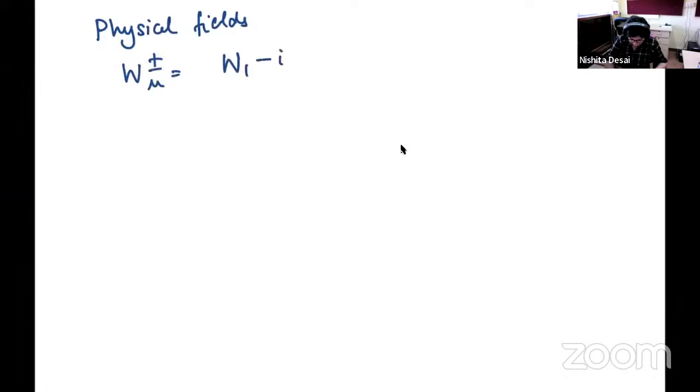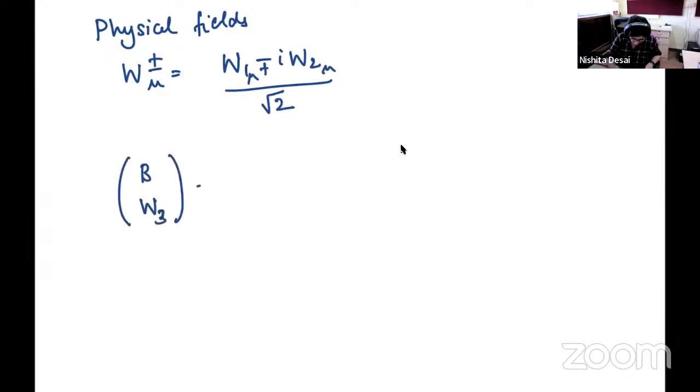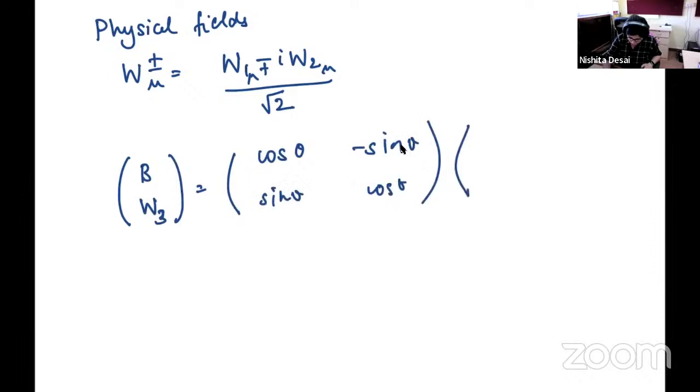And what we can do is define physical fields W plus minus as before. And you also define two new fields which we name A and Z. These all have a mu here in the following way.